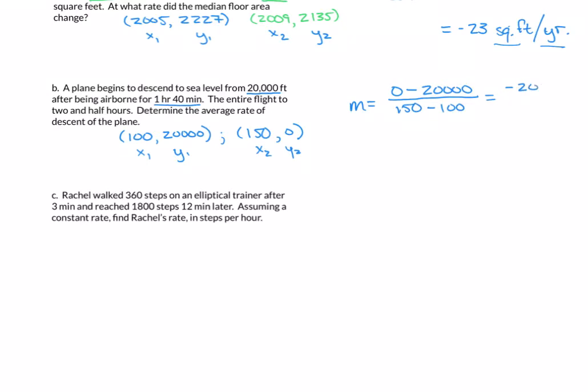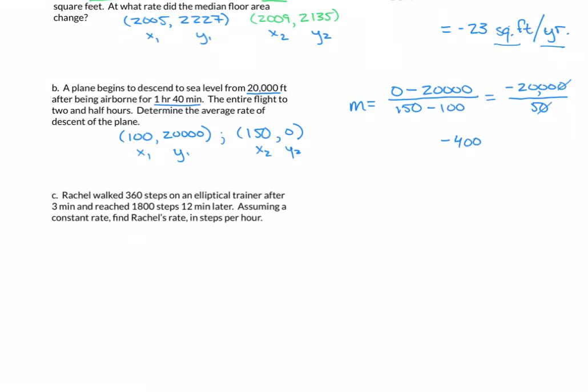If we simplify this, we get negative 20,000 over 50. If we go ahead and divide, I'm going to cancel my zeros, and I get negative 400.